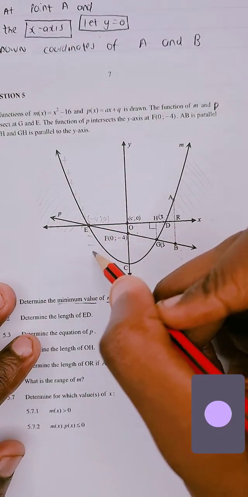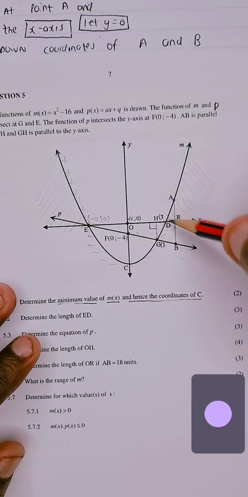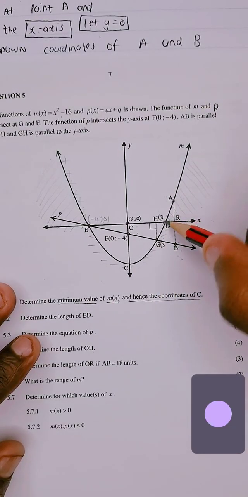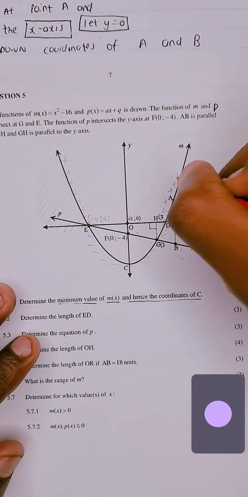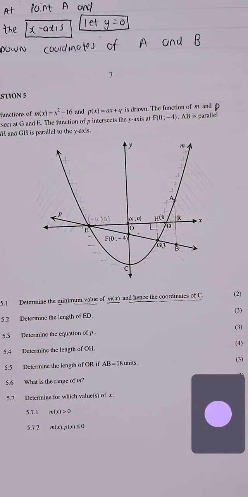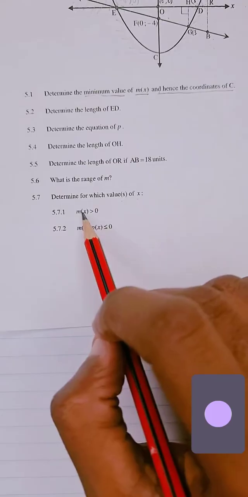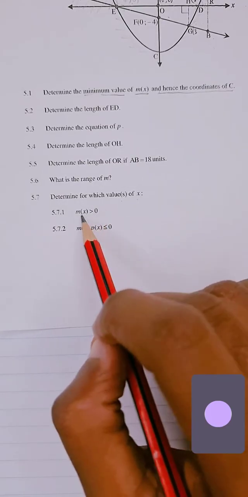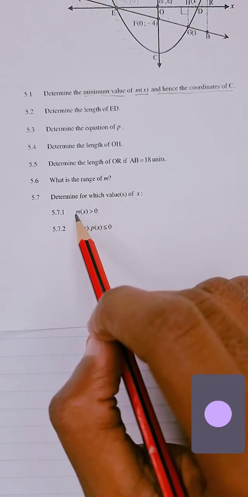Then here, the y values are negative. Then it is 0 again. Then here, the y values are positive. So what they want is to determine for which values of x the function is greater than 0. In other words, where is the parabola positive? That's what they want.